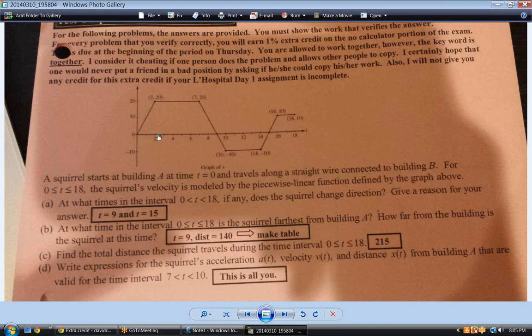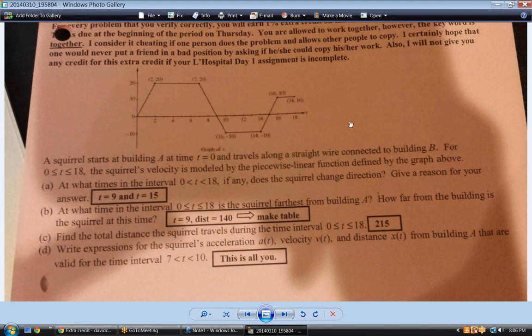Maybe she wants you to say that at time 2, you've gone the distance of the area of that little triangle. And then at time 7, you've gone the distance of the rectangle, more. And then the area of this little triangle. I don't know. I'm not really sure, to be honest. And I don't quite see how it's going to be helpful besides.